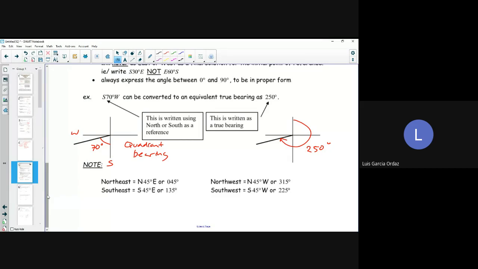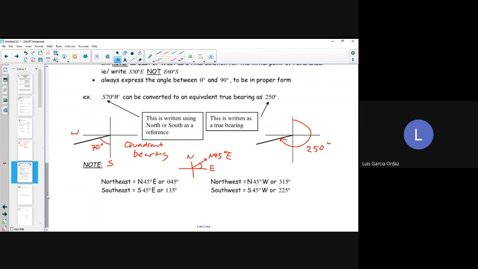Northeast will always be written as north 45 degrees east, or 045. So it would look like this. Again, this is north, this is east. This 45 degree angle here is going to be north 45 degrees east.